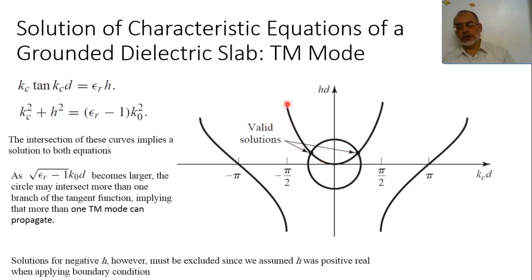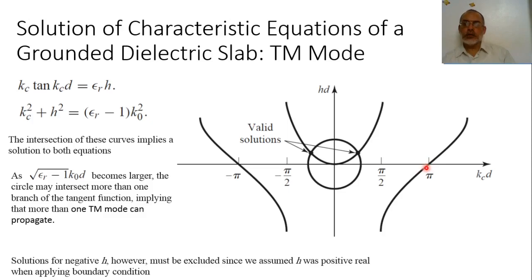It is positive in the range from 0 to pi over 2. As the value approaches pi over 2, tan reaches infinity; greater than pi over 2, the value of tan would be negative, and Kcd is positive, so negative multiplied by positive would be negative until it reaches pi.